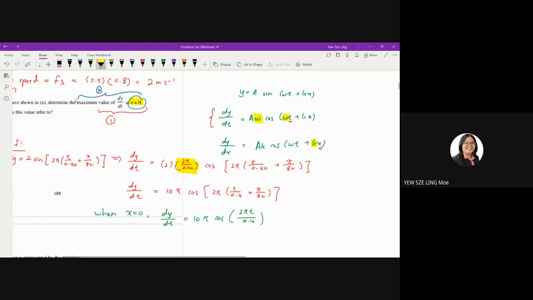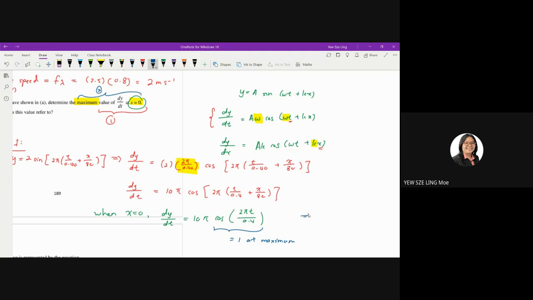Now, how about the maximum value? When it comes to a trigo function and you're talking about the maximum value, we always assume this part is equal to 1 at maximum. The trigo part equals 1 at maximum value.